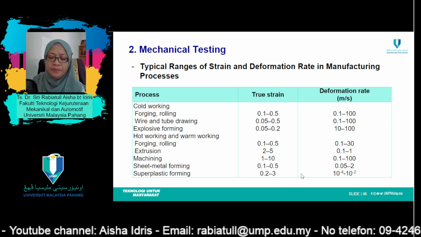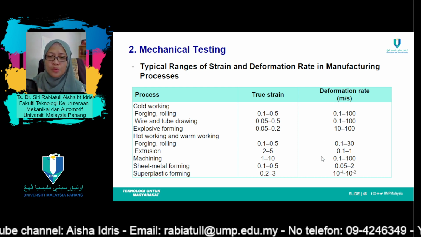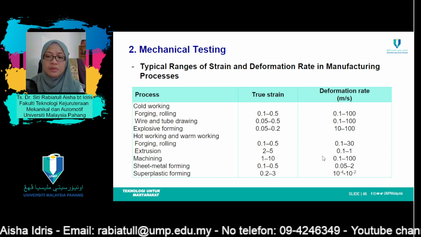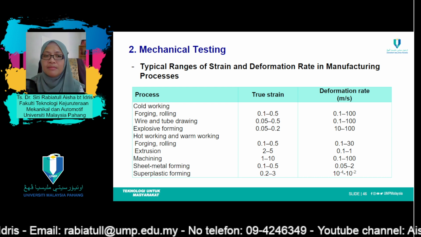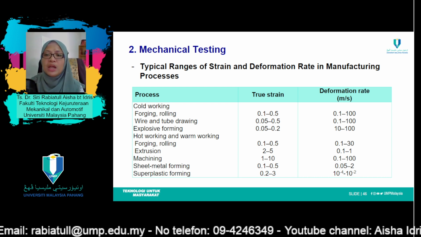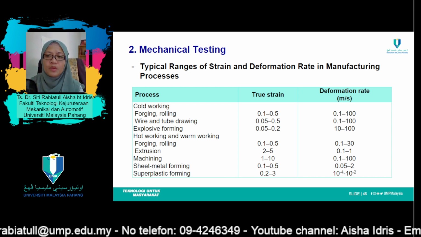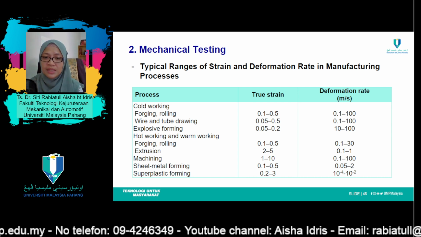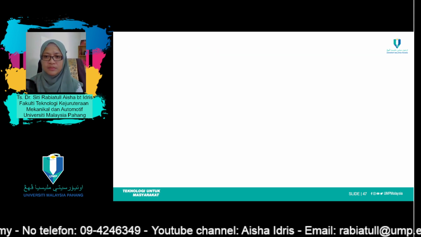So it doesn't guarantee that the same value of true strain or deformation rate will be produced if we use different types of processes for the same type of material.